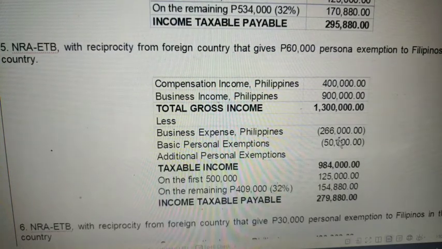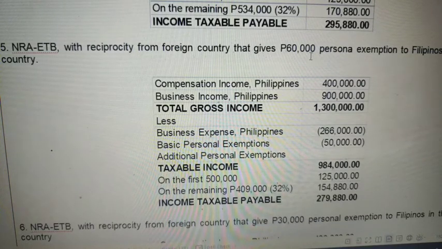From that, as you can see, same lang yung process because it's a non-resident alien. Non-resident alien pa rin. So, compensation income from the Philippines and the business income from the Philippines ang kinuha for the gross income. And then, the business expense in the Philippines lang yung iniles. And then, the basic personal exemption which is 50,000.